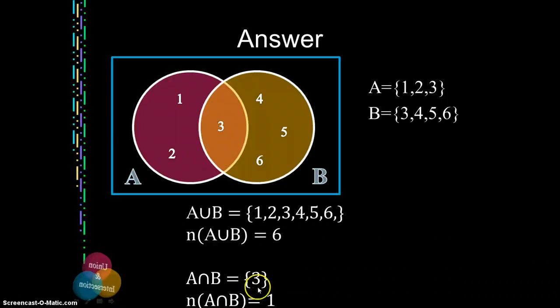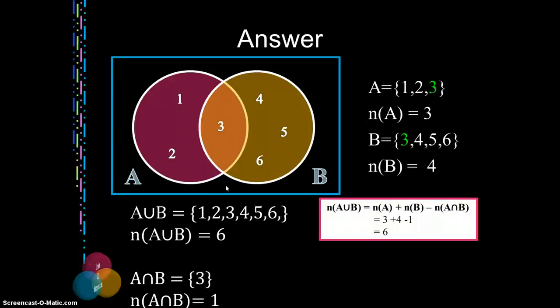So how many elements are there? Only one element, because that is the only element common to A and B. You can see here 3 and here 3. The number 3 here is the only common element of A and B.